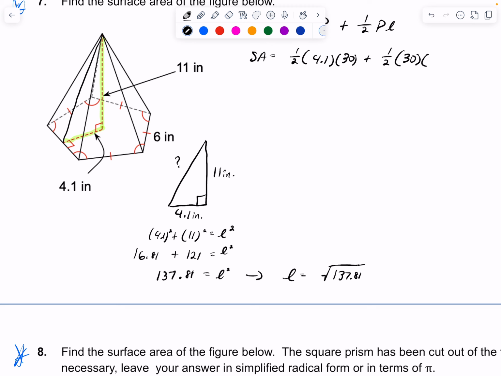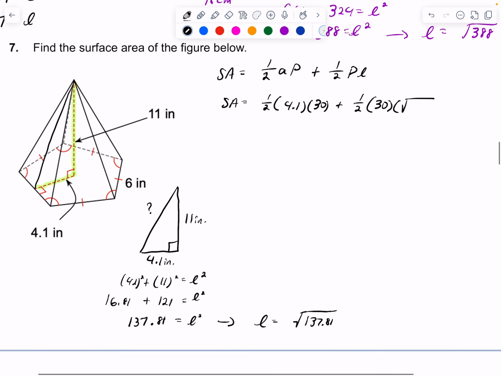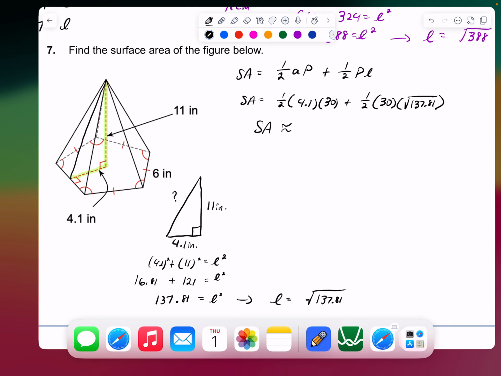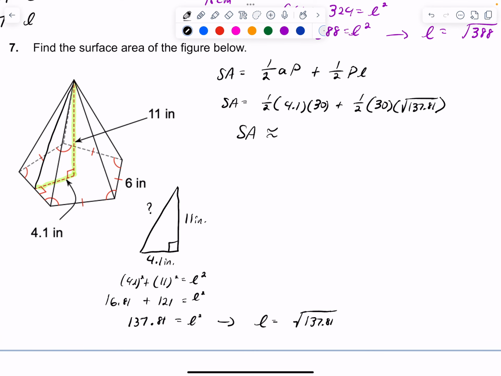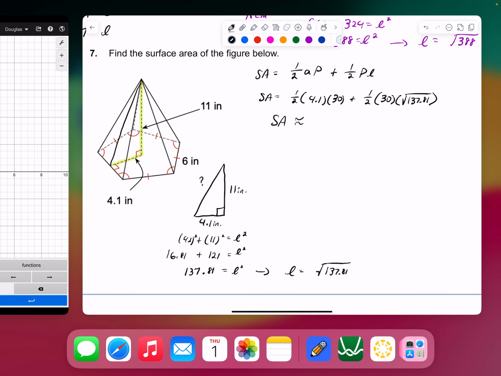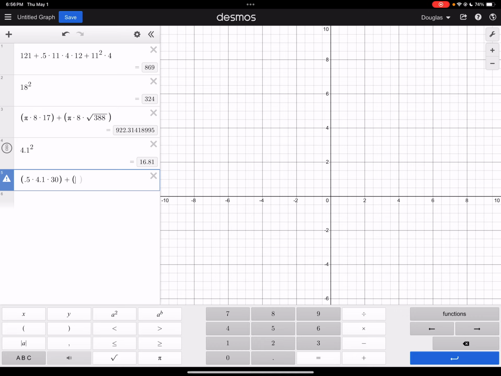All right, so again, I'm going to plug in that square root of 137.81 into my formula, which means I'm not going to round until the very end. So let's go ahead and type this in. So half of 4.1 times 30, and then plus half of 30 times that square root of 137.81, yes.